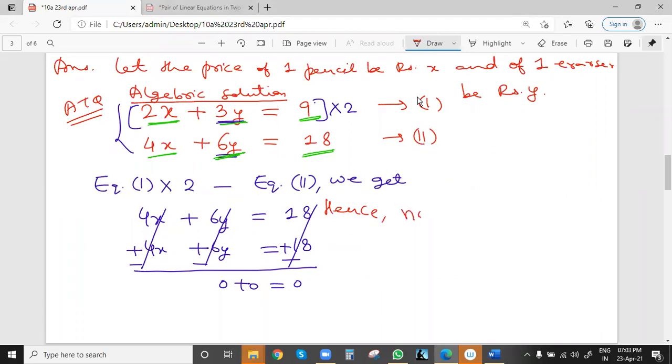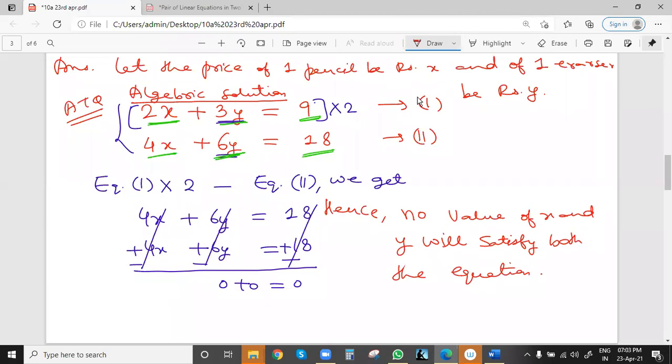Hence no solution. Basically no solution only, or we can write no value of x and y will satisfy both the equations.